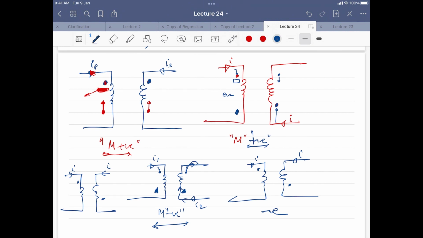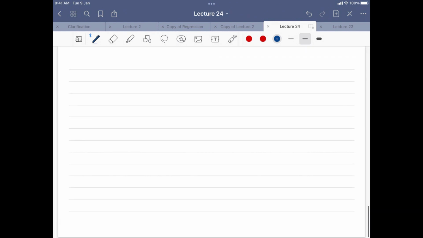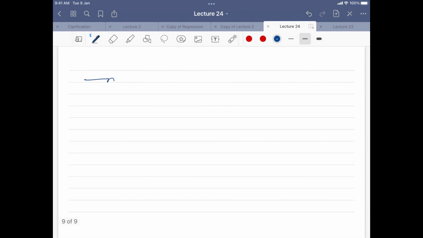Now let us say you have a 5 Henry inductor, then a 10 Henry inductor, then a 15 Henry inductor, with a dot on this side and a dot on this side.